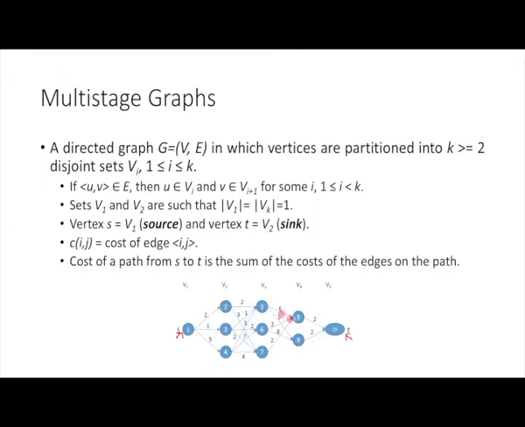If you look at this example here, if we start from node 1 and want to go to node 10, obviously there are many paths. Let's take the path from node 1 to node 2, then to node 5, then to node 8, and finally to node 10.